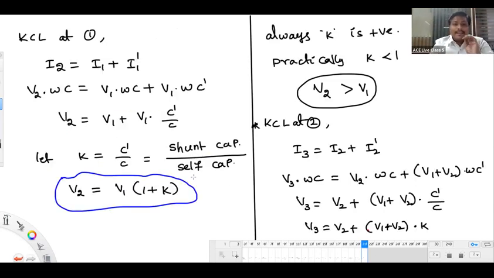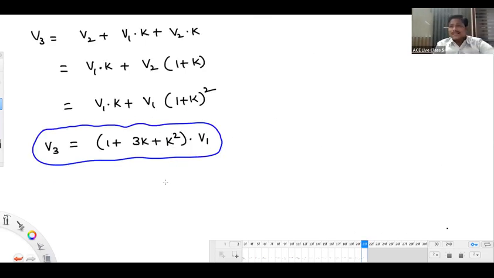What is V3? 1 plus 3K into V1. So definitely 1 plus 3K will be greater compared to 1 plus K. So definitely V3 will be greater compared to V2. V3 greater than V2 greater than V1 we can expect.